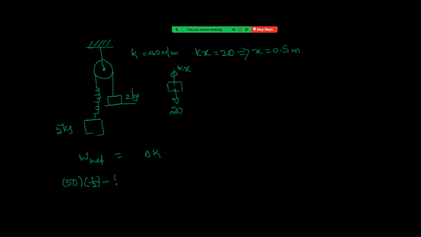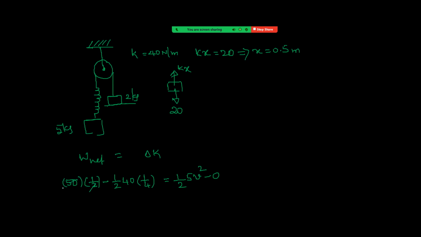So it is minus half kx square. Half kx square. So 1 by 2 whole square. Okay. That is equal to half m v square. Initial value 0.